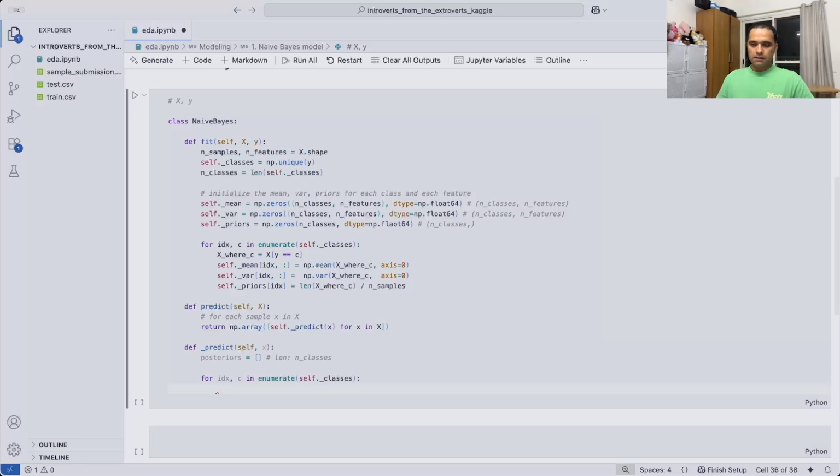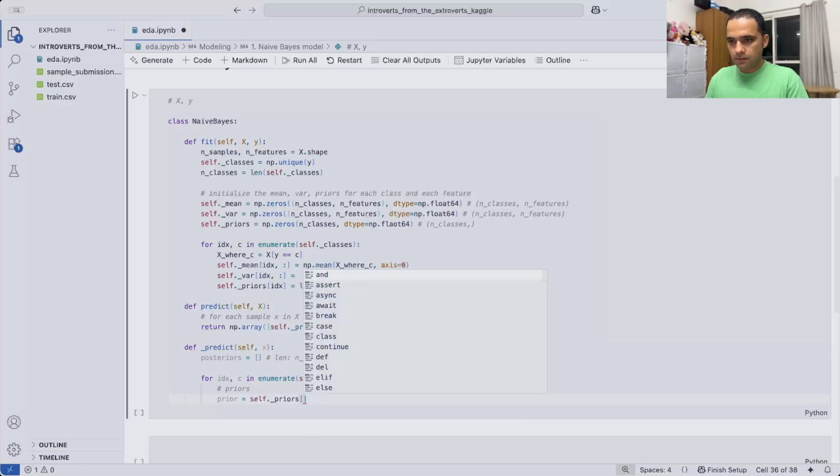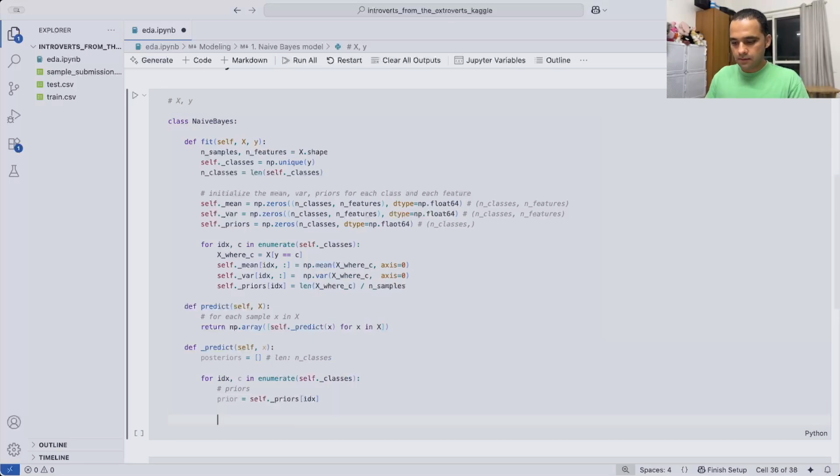For each class, we need to calculate the posterior probability. To calculate the posterior probability, we need priors. Prior equals priors of that particular index.